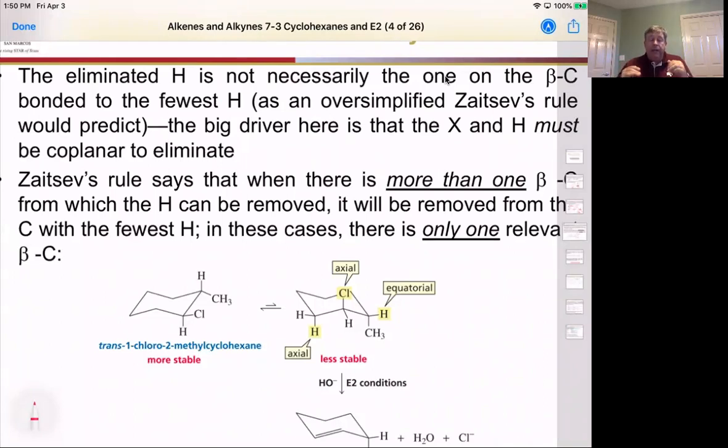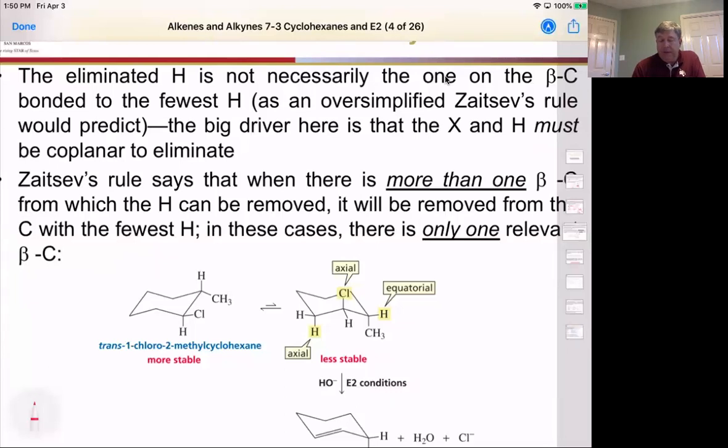So when we have this stability of the chair configuration of the cyclohexane, we end up having a possibility where we get the not Zaitsev rule product because we cannot make it in the anti position. So we actually will end up with products that are outside of the Zaitsev rule.